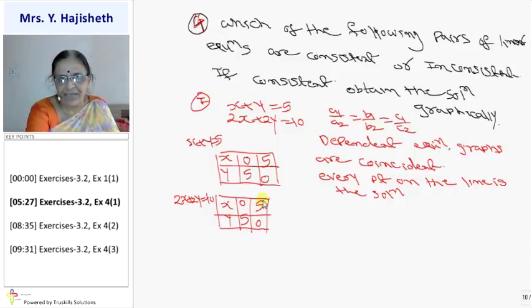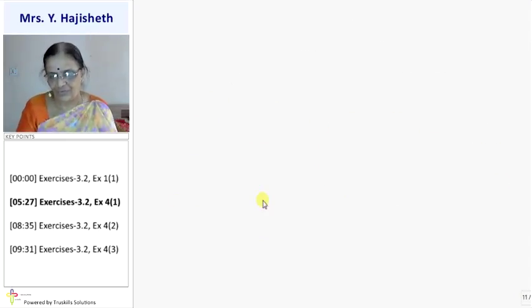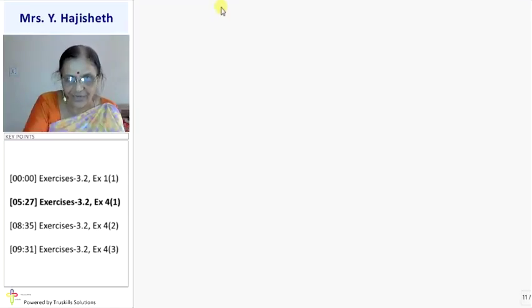For dependent equations we need not find any solution. Infinite number of solutions.